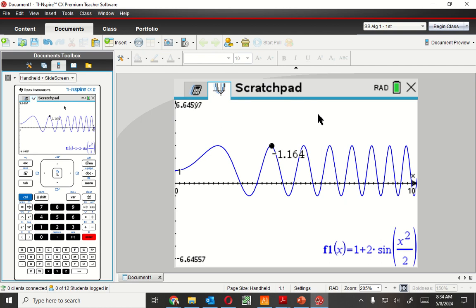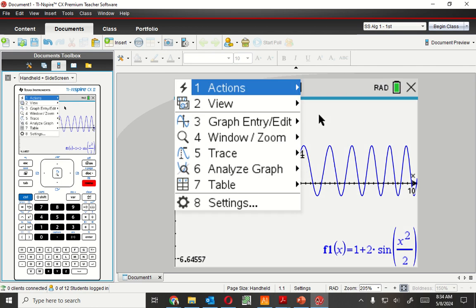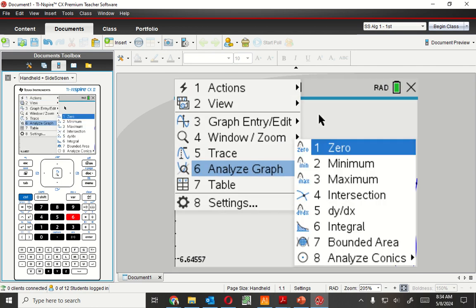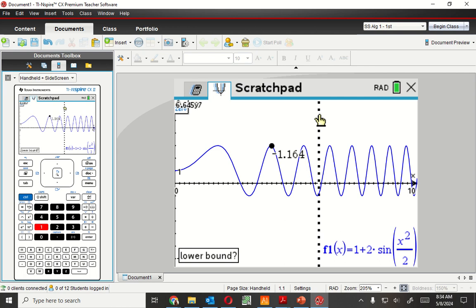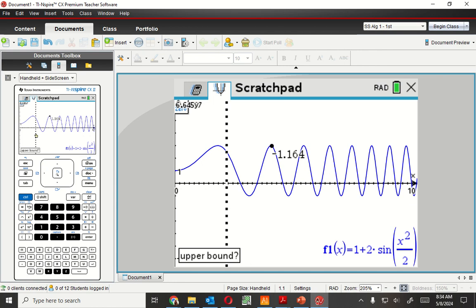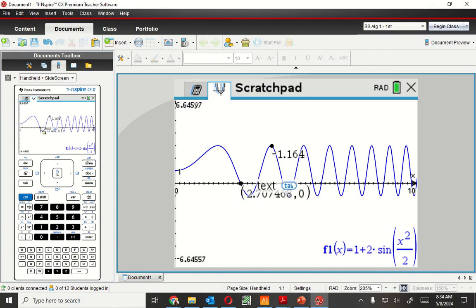So all I'm going to do is find a 0 here. On my calculator, I'm just going to hit menu, analyze graph, and 0. I'm going to move over here, set the upper bound. So I have a 0 right there. Now, it gives me a bound from 0 to 3, so I have to figure out what this other coordinate is also.